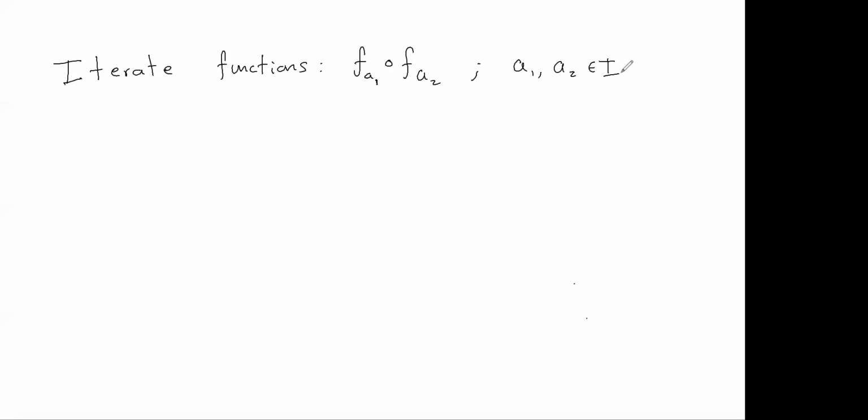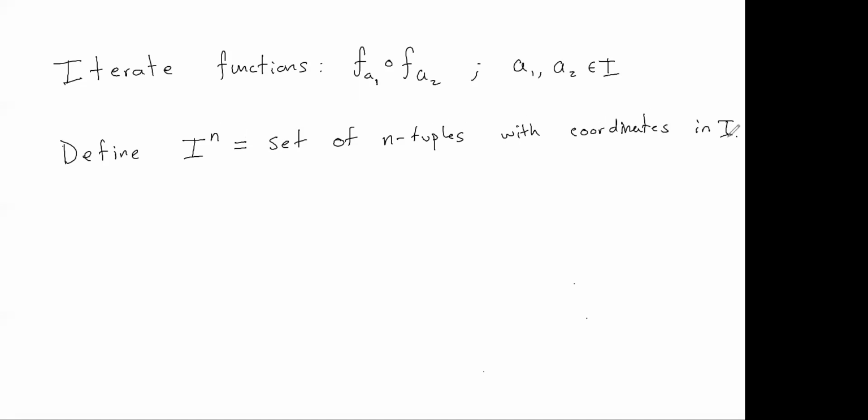Now, if we want to iterate more than just 2 functions, we need a more convenient notation. So let's define I^n, the set of n-tuples with coordinates in I. This is also known as the Cartesian product of this set.